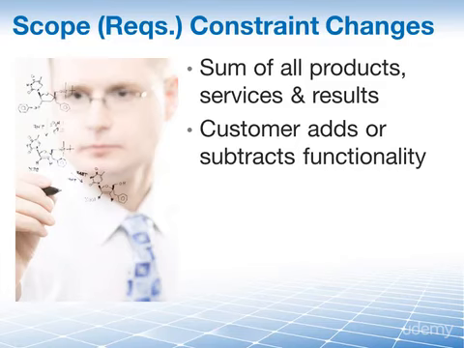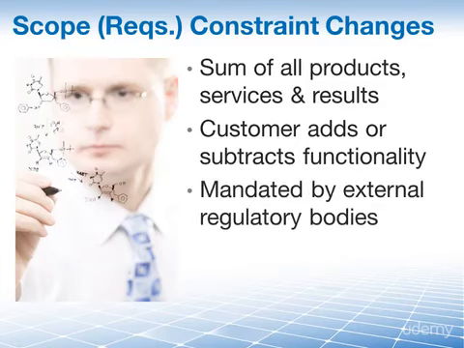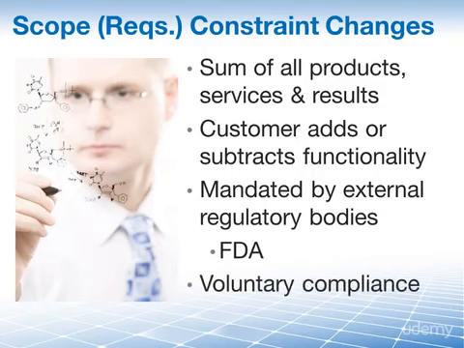They may also be introduced as part of regulatory compliance, such as regulations that are imposed by outside governing agencies, such as the FDA, or voluntary compliance using standards such as ISO standards or ANSI standards may also cause changes in the scope constraint on your project.